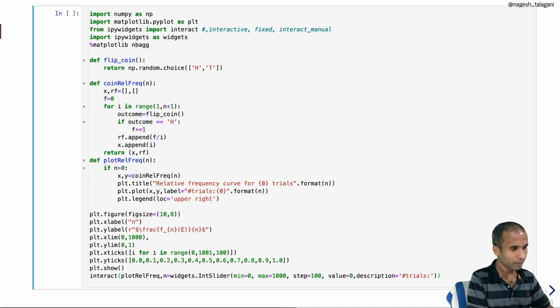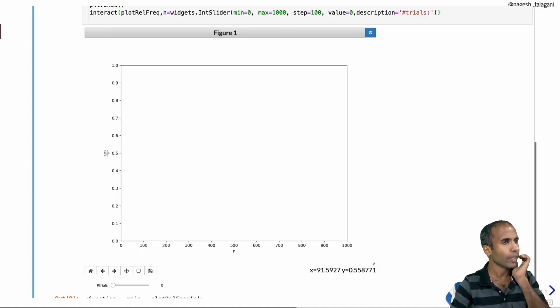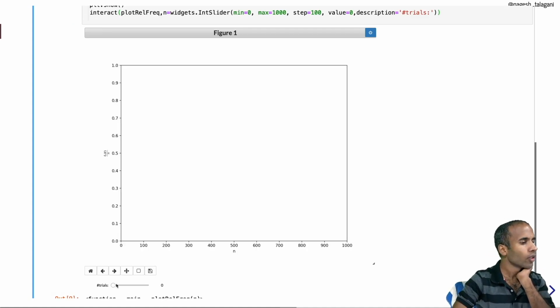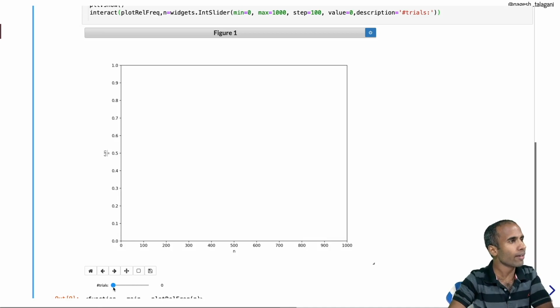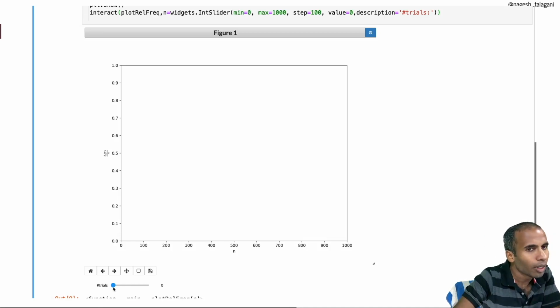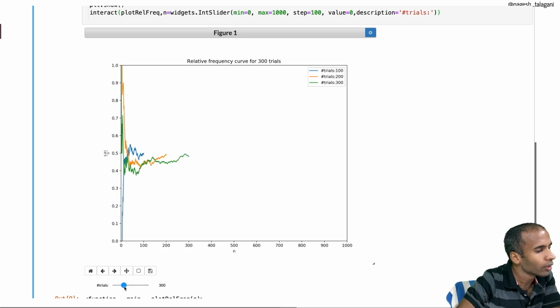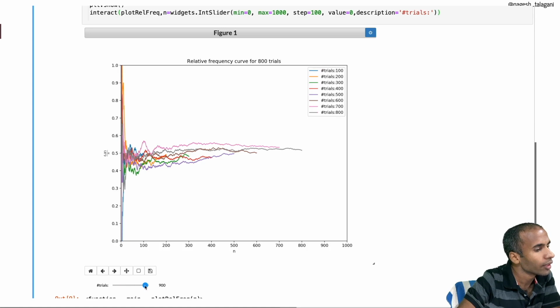Let me run it. For 0 trials there is no curve. I'm going to increase the number of trials and see how the relative frequency graph changes. 200, 300, 400, 500, 600, 700, 800, 900, 1000.